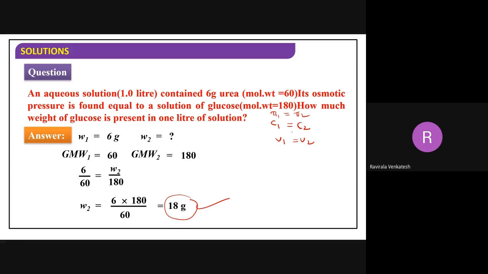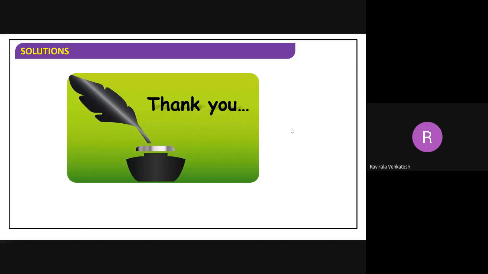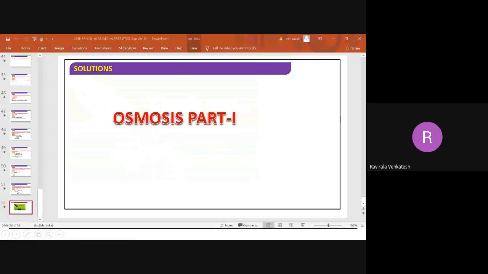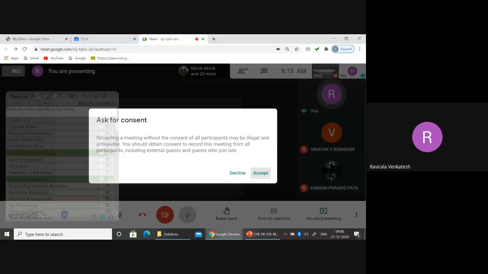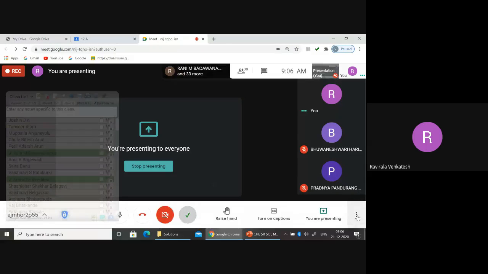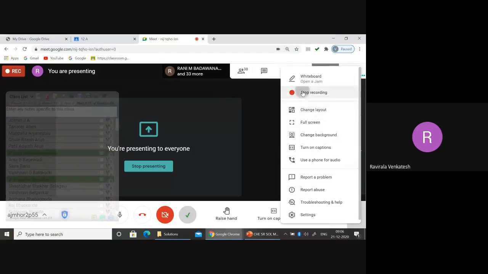Even T1 and T2 will be equal because it is at the same temperature. So with this I have completed osmotic pressure. Now do you have any doubts?